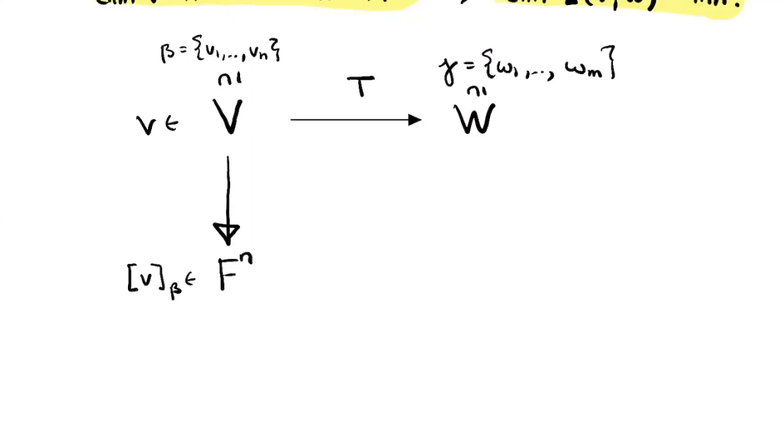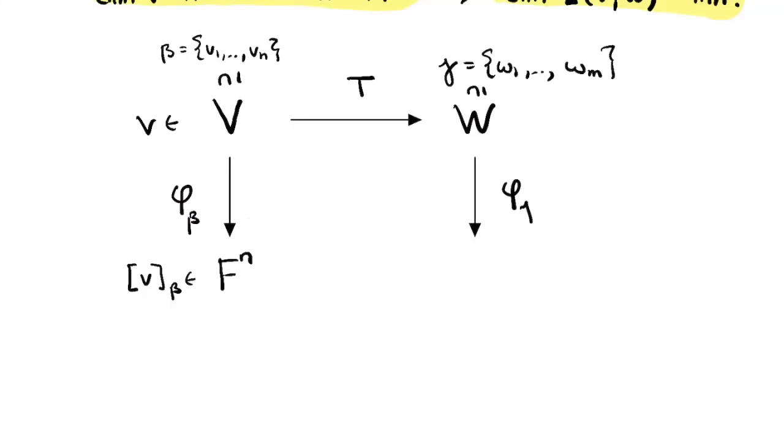It didn't go as well as I wanted it to. I was supposed to make a fancy arrow. There we go. I'm going to call this map phi sub beta. And phi sub beta of v is just the coordinates of v in the basis beta. Okay. And of course, we can do that for W as well. We've got W over here.